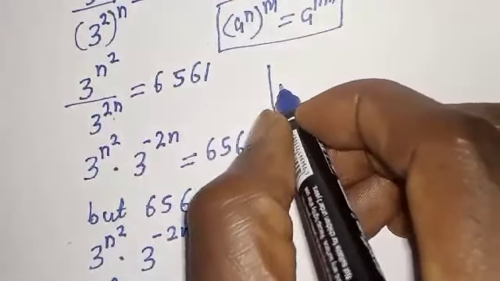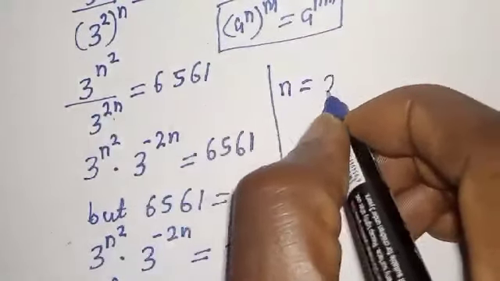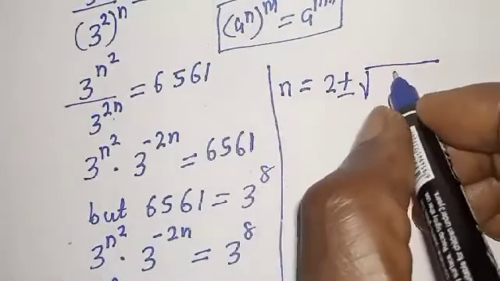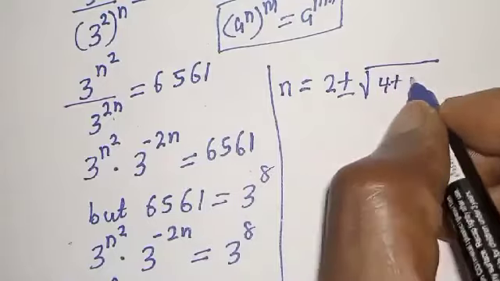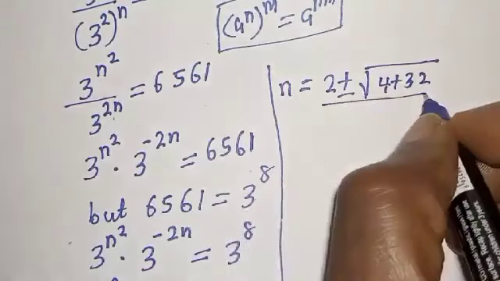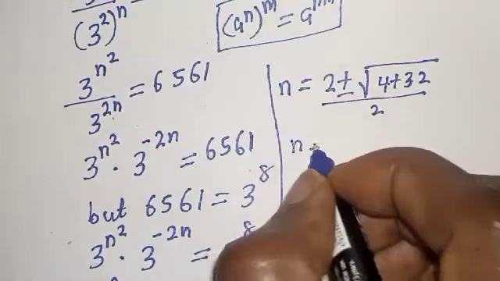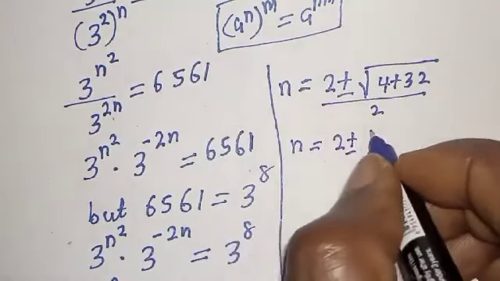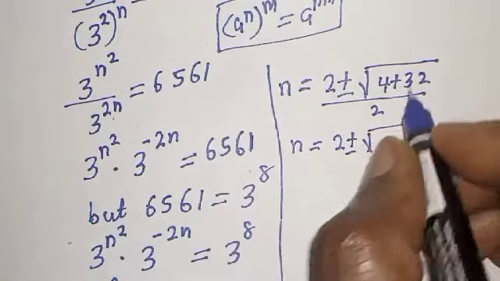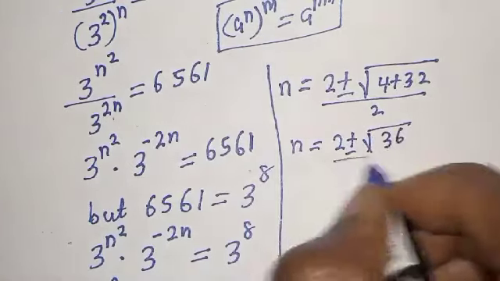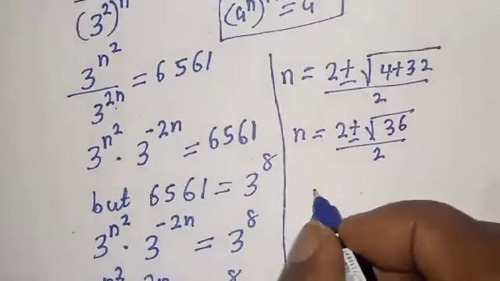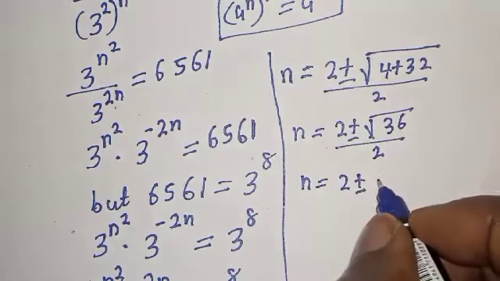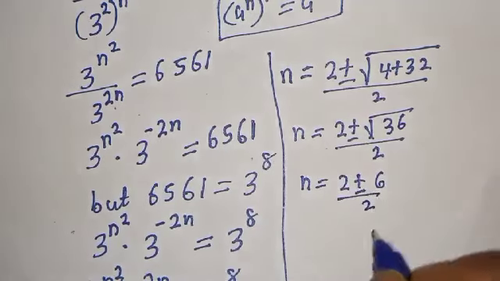Then n is equal to 2 plus or minus square root of 4 plus 32 over 2. This is 36. Then n is equal to 2 plus or minus square root of 36, which is 6, over 2.